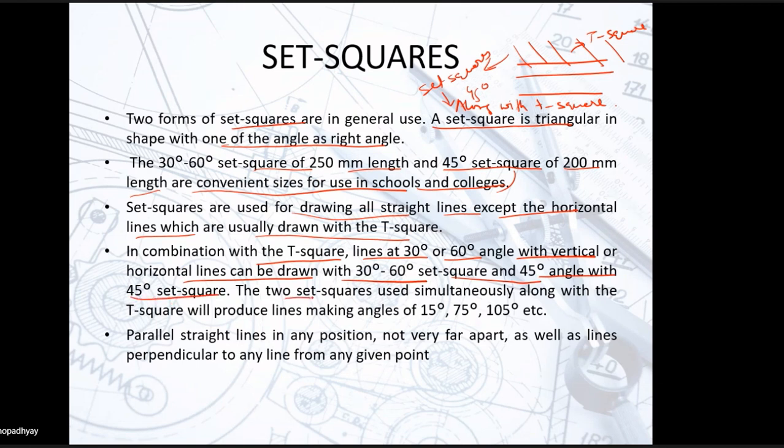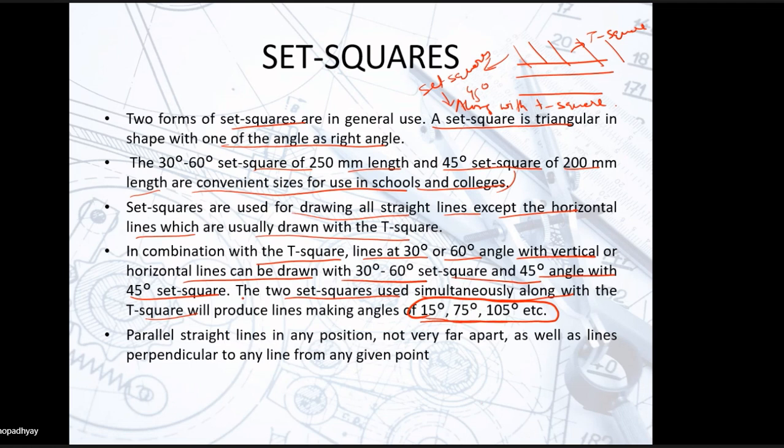Right? Now the two set squares used simultaneously along with the T square can produce 15 degree, 75 degree, 105 degree, etc. So you can use the combination of both set squares as well as the T square to get all such angles.